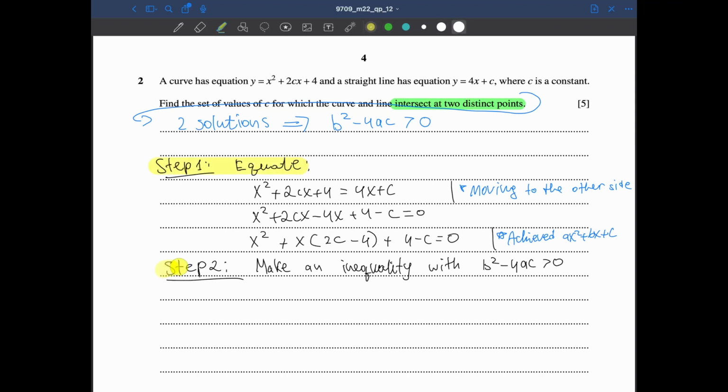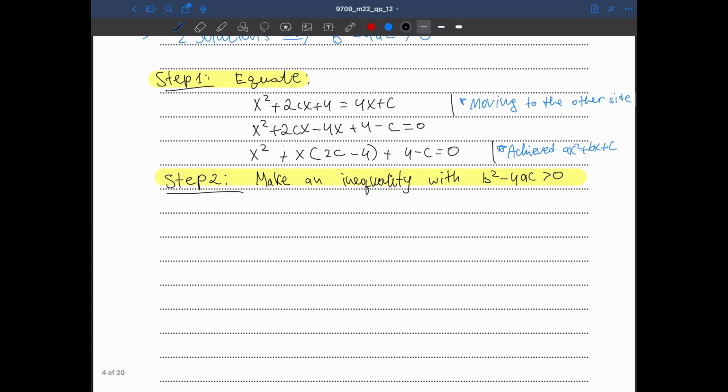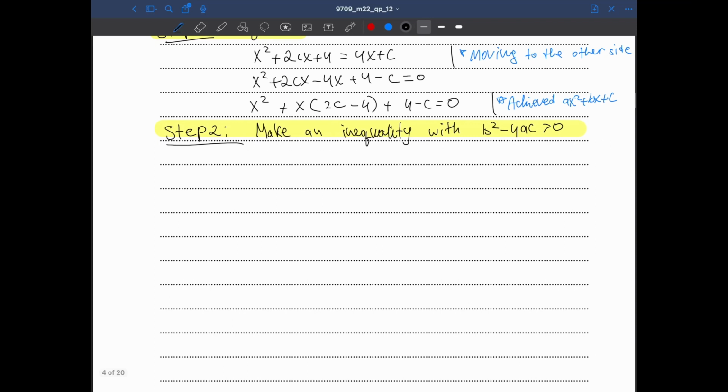So that's step 1, and this is step 2. So we have our a value, b value, and c value. So b is going to be 2c minus 4. So 2c minus 4 to the second power, and then minus 4, and our a is just 1, and our c is 4 minus c, and all of this is more than 0.